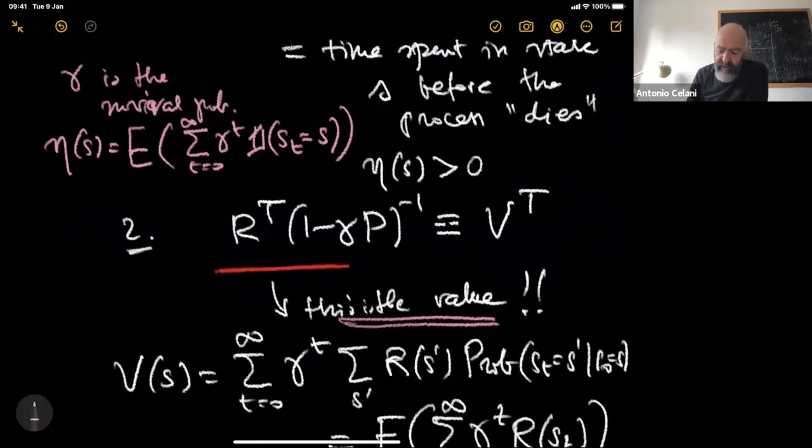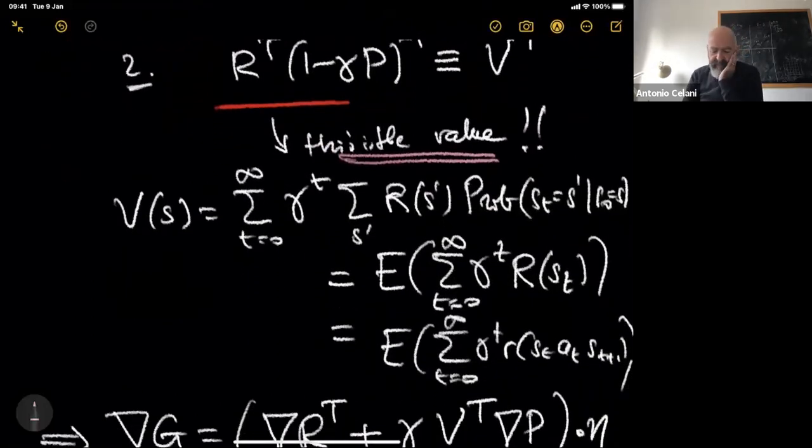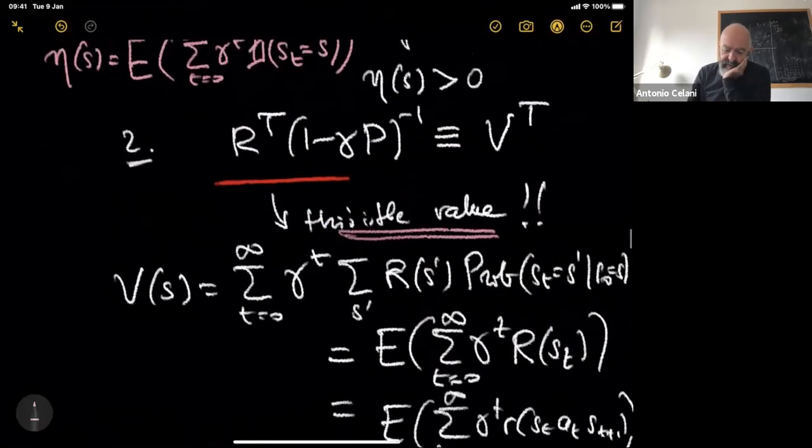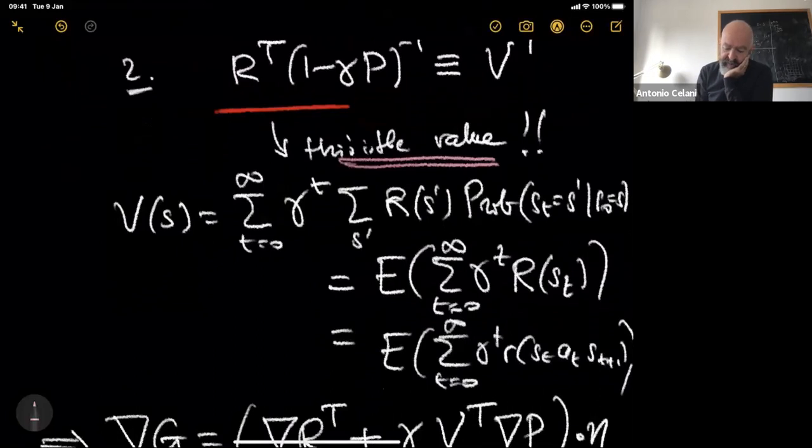Let me formally define this object, R transpose times 1 minus gamma P to the power minus 1, as a vector V. It's a transpose, so it's a row vector. And why is this the value function? Here I was just recalling what the value function is.